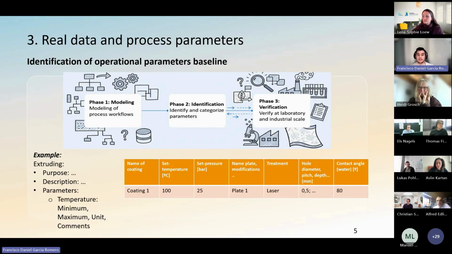Okay, and that's something that we are trying to replicate in the digital twin, to have close values to it by implementing mathematical and physical models.